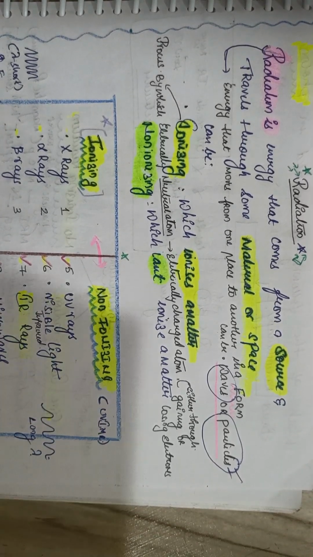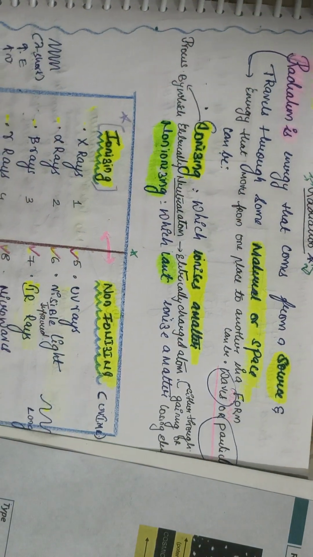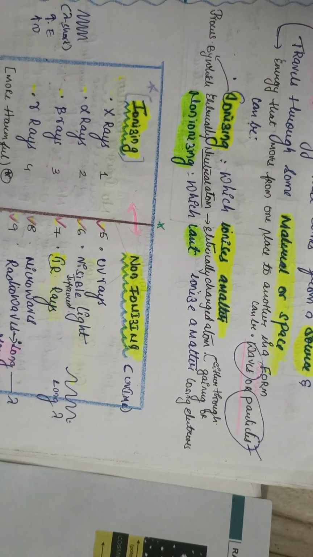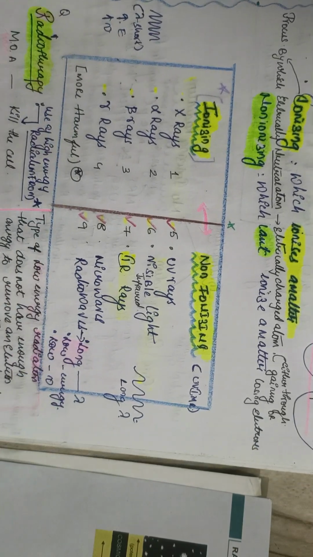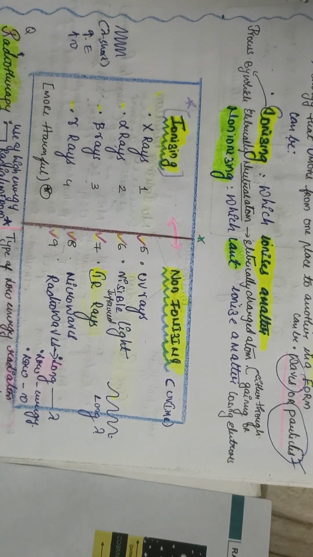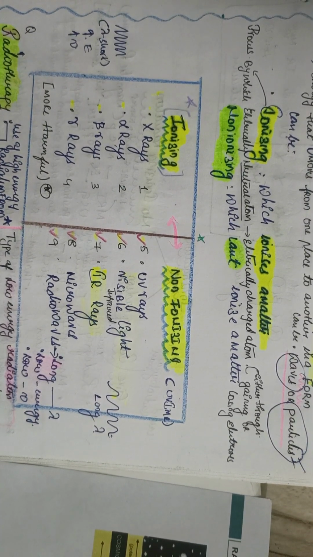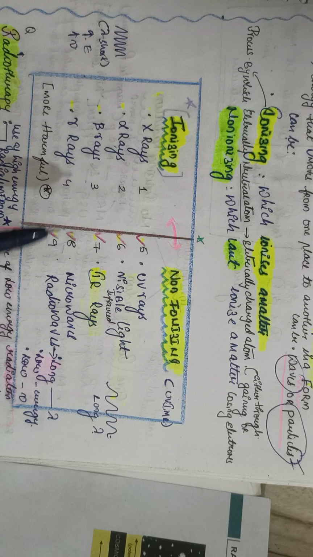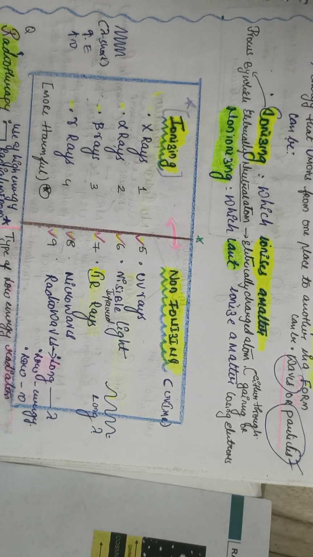We'll be discussing what the examples of ionizing and non-ionizing agents are. It's written here. Under this, you have X-rays, alpha, beta, gamma.